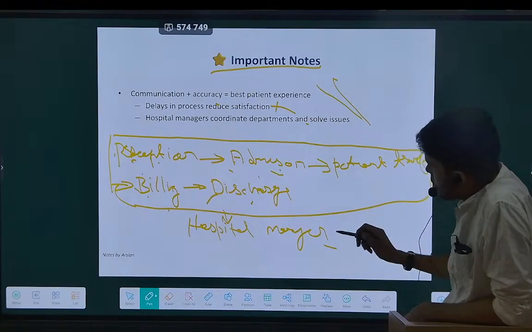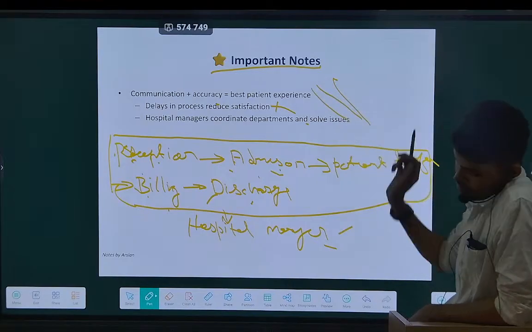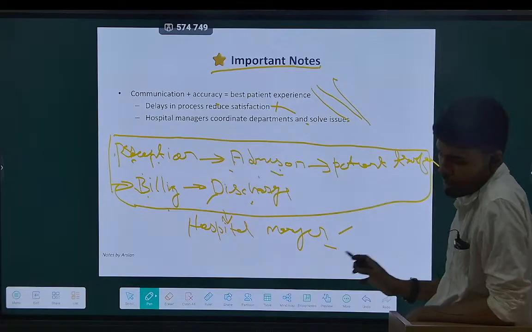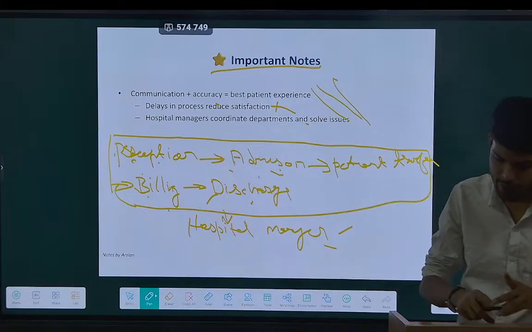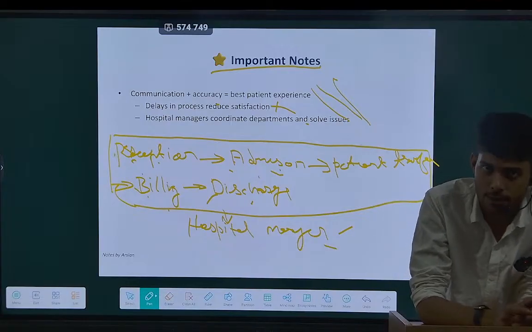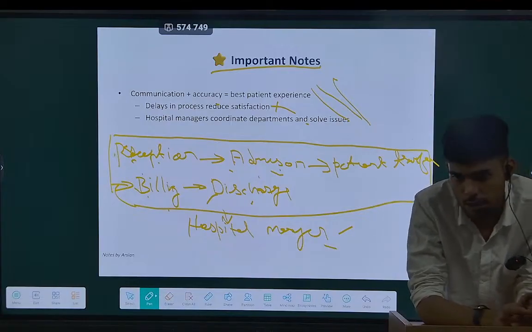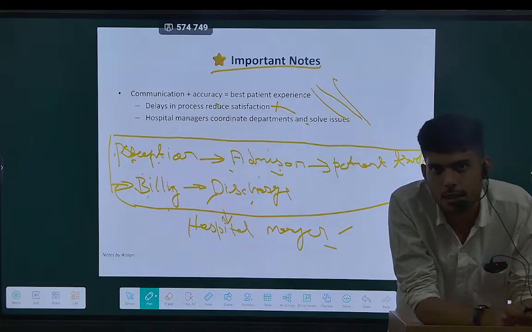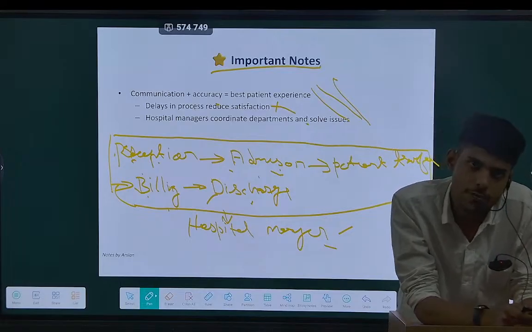And to become a good hospital manager, all these things are very important, or to excel in any of the departments, because all these are service sectors. So first, communication skills are most important. The second thing is accuracy.